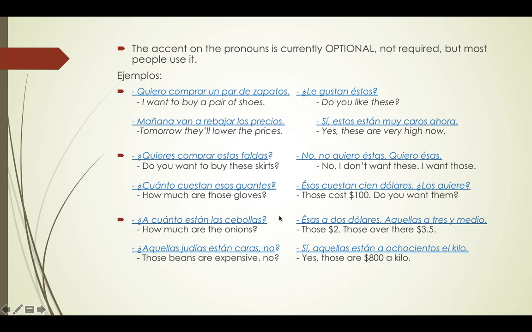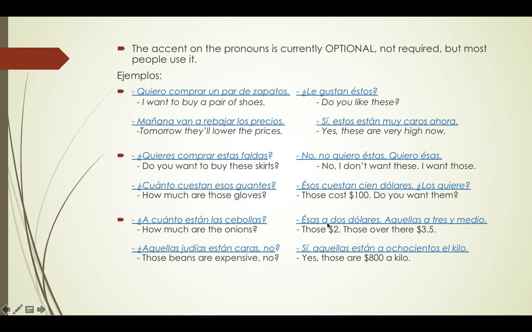¿A cuánto están las cebollas? How much are they at in price? The onions. Esas a $2. Those at $2. And aquellas, those over there, a $3.50.